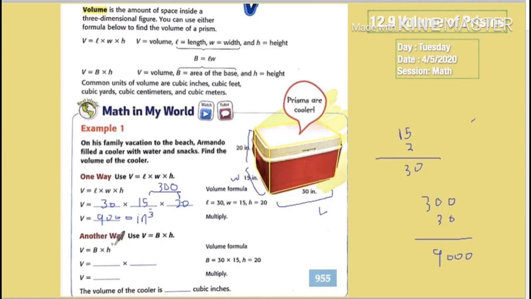Now we are going to use the other way. This formula is volume equals base times height. The base again is length times width. So if our length is 30 and our width is 15, then the base will be 15 times 30.